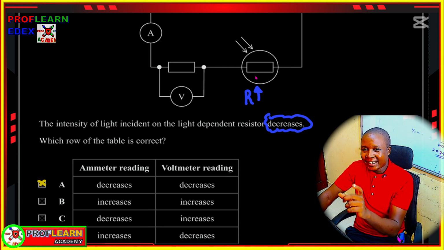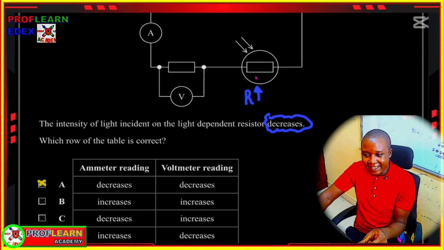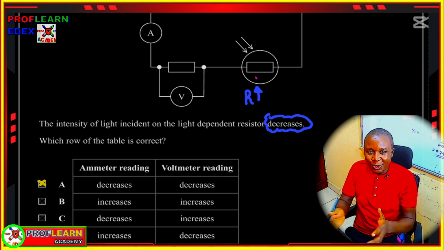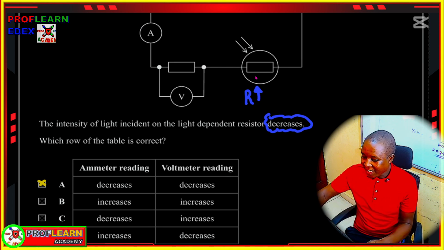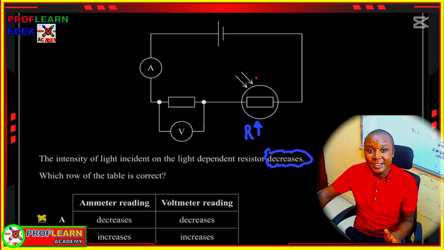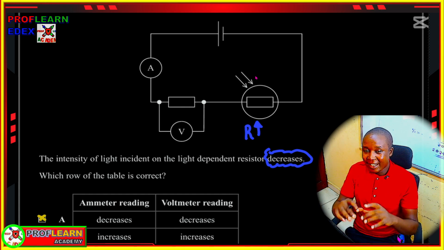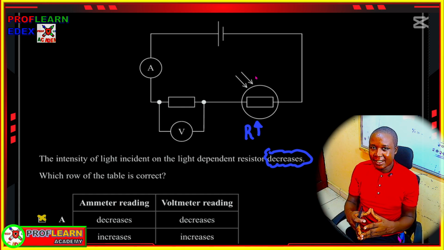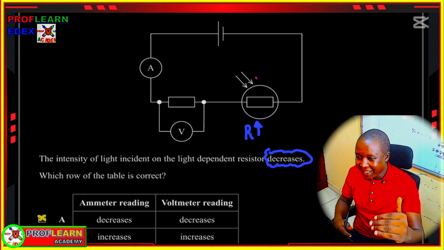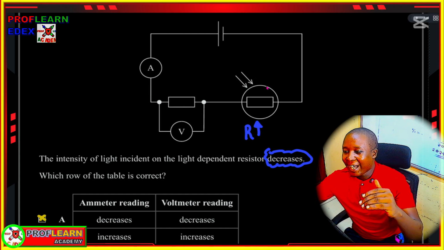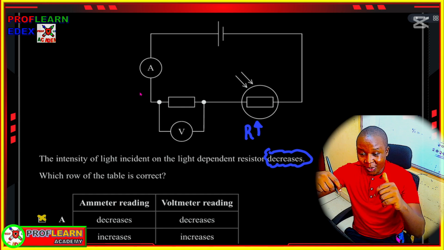So if resistance of the LDR increases, it means the total resistance of the circuit is going to increase. And if the total resistance in the circuit increases, it will mean that the total current flowing in this circuit is going to decrease.